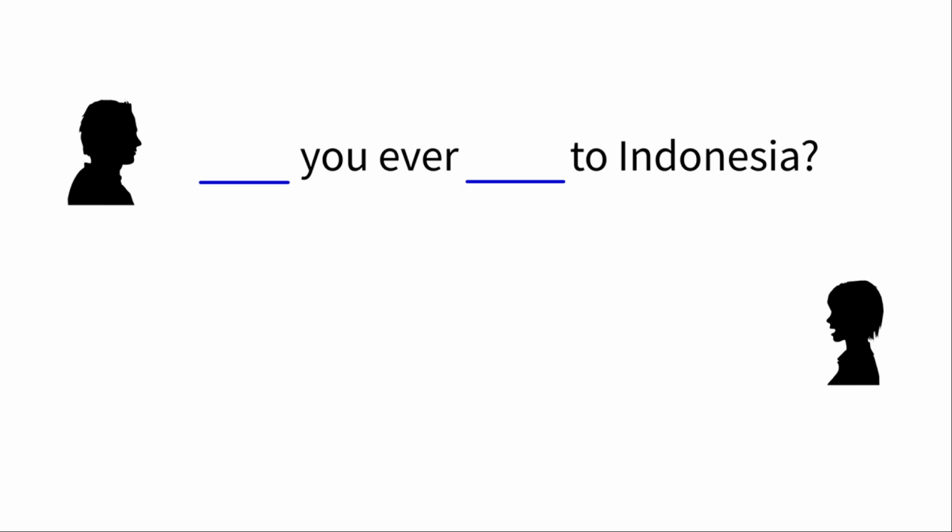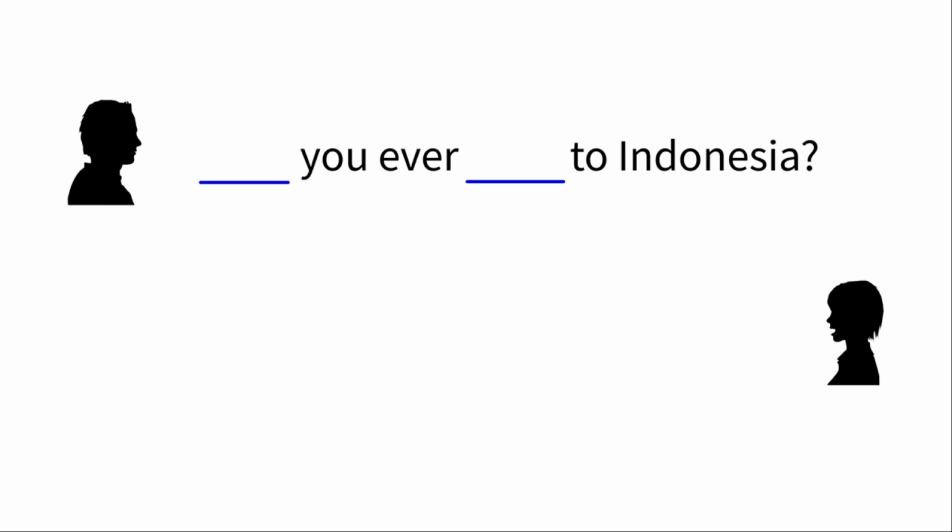Okay, let's now try some exercises looking at go and come and be in the present tense, in the future tense, past, and present perfect, of course, with been. All these exercises are in the form of a short conversation. So the question, you ever to Indonesia? Okay, well, ever means in your life.